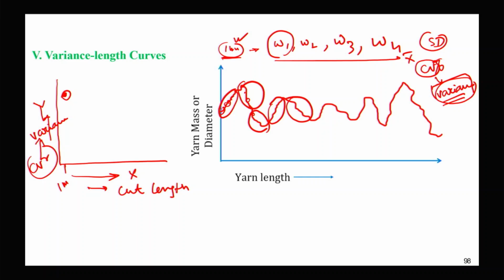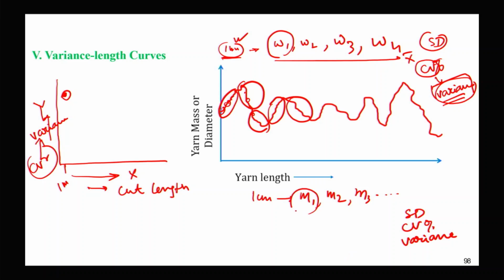So this will become M1, M2, M3 in this way. And we are calculating the standard deviation again, CV percent and variance for each 1 centimeter cut length.